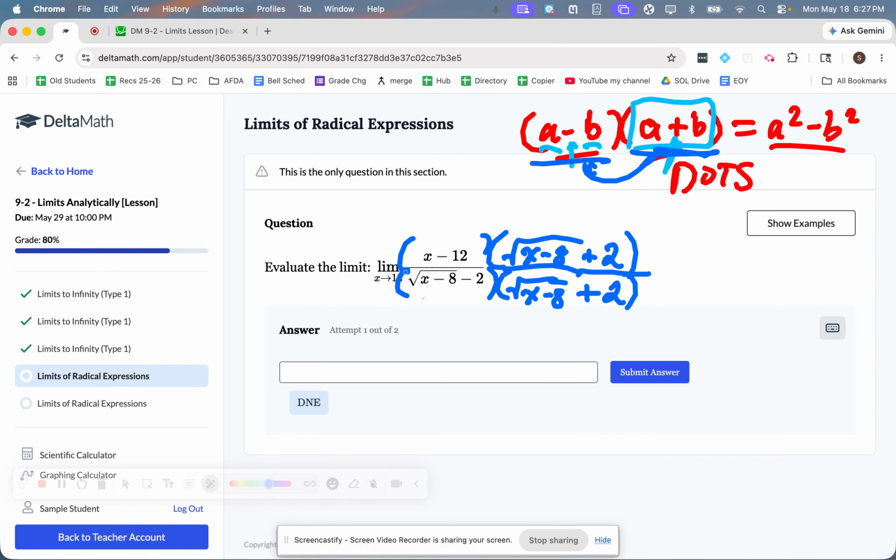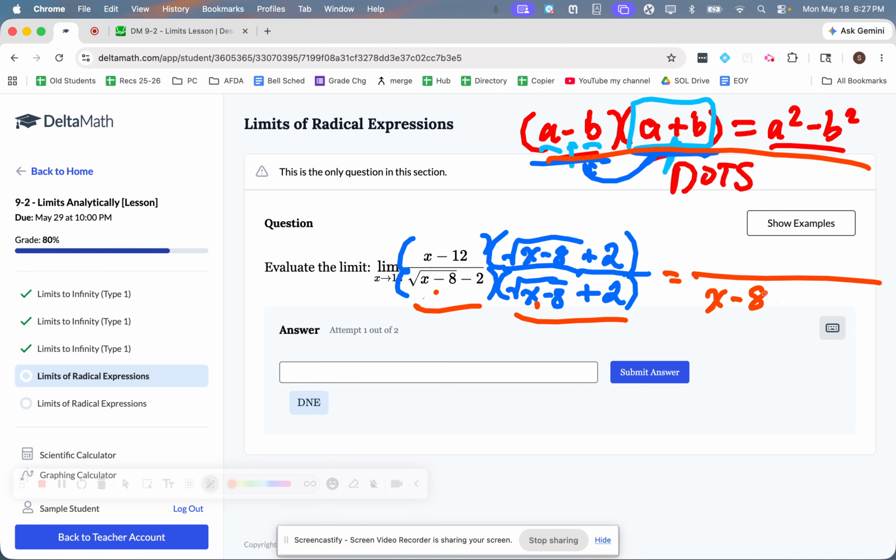Now, I know this looks really nasty on top, but the bottom is going to simplify very nicely, because following this pattern, when I multiply this binomial by that binomial, all I have to do is square the a value, and when you square two square roots, it just cancels out the square root.